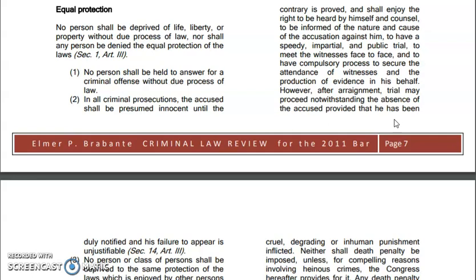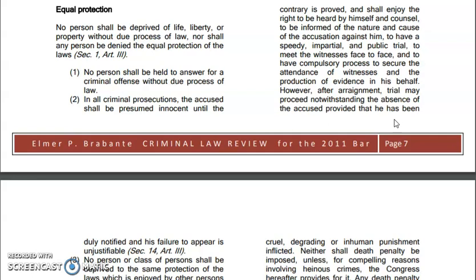So halimbawa, if say the Congress would enact a law that specifically penalizes lumans, exclusively for lumans or Muslims, because the recent issue on security, on terrorism, the accusations on violent extremism, ayan. So, hindi po pwede yun, no?